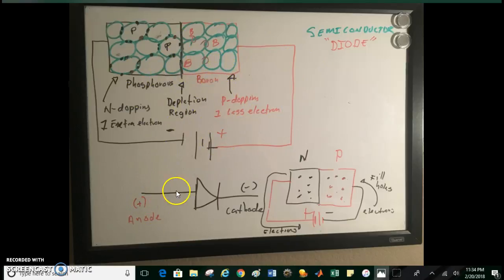Now, I mentioned in the beginning that usually this would only work one way, and the reason is that if you notice here, you have negative with negative and positive with positive, but over here you have positive with the negative side, which is the N doping, and the P doping is on the other side.